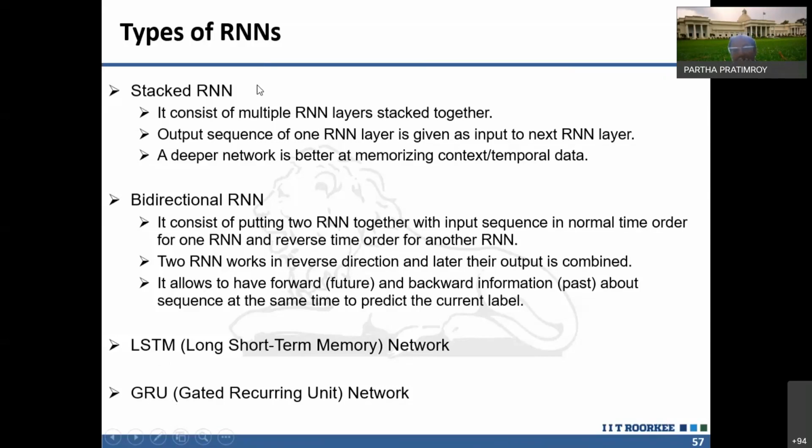In RNN, if we consider a single RNN and make a wrapper, one RNN stacked on another RNN, that's called stacked or bidirectional RNN. If you want to change the architecture in the cell itself, you have two members, LSTM and GRU, long short-term memory and gated recurrent unit. We'll see all these one by one.